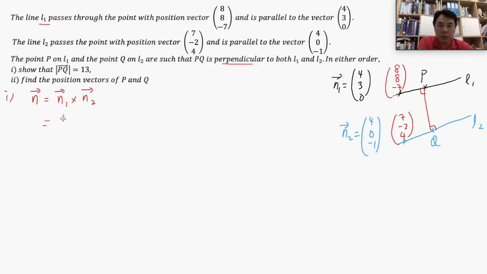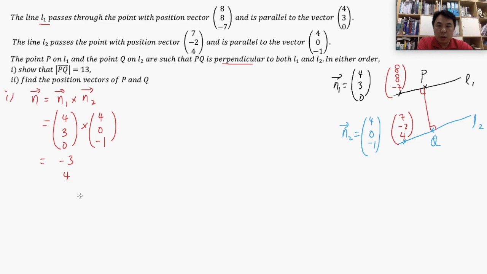So we have 4, 3, 0 here. We have 4, 0, -1. Okay, so let me try this out here. So the first one is -3. The second one is 4.